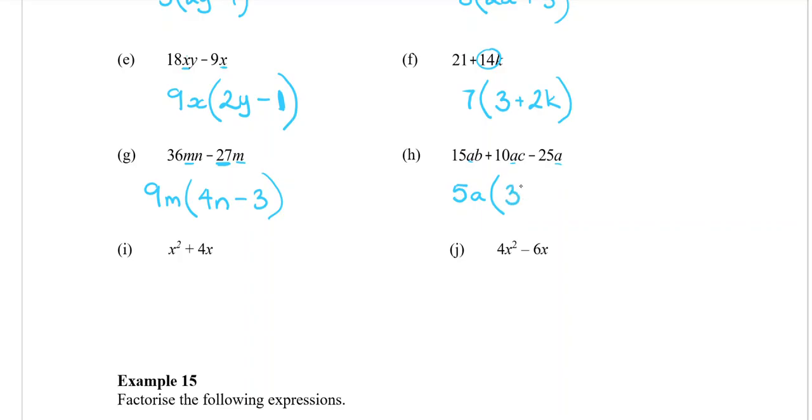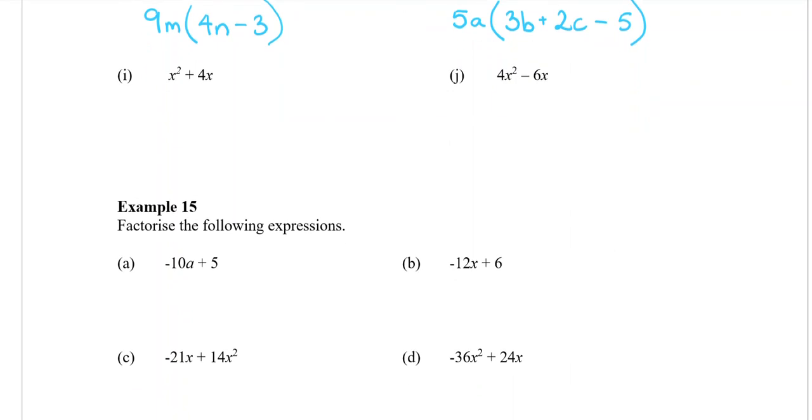The a is out the front, but the b will go inside. Next term, we have the plus. Now, 10 divided by 5 is 2. The a goes out the front, but the c will go inside. Then minus for the 25. 25 divided by 5 is 5. The a is out the front, so we just have done. We close the bracket.